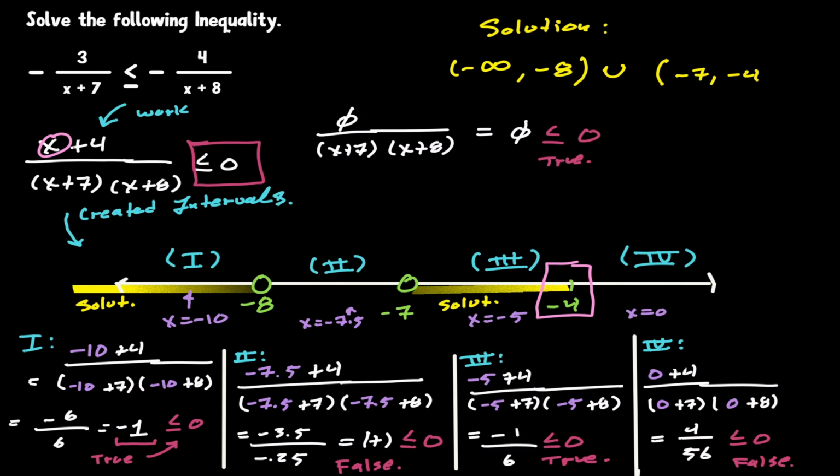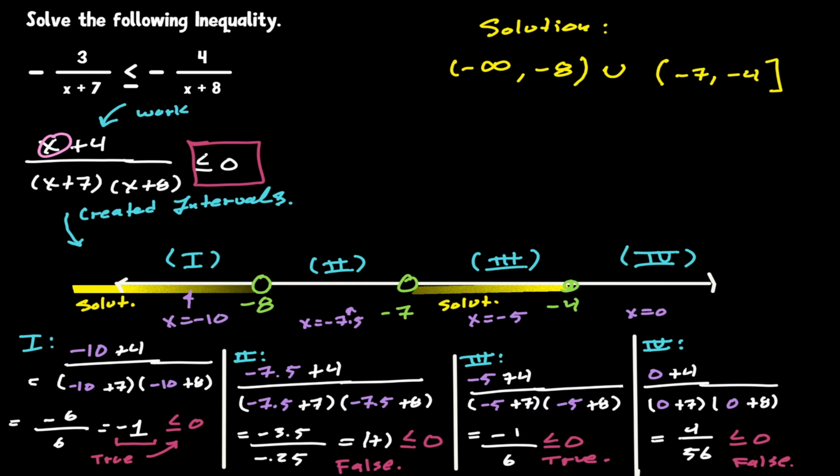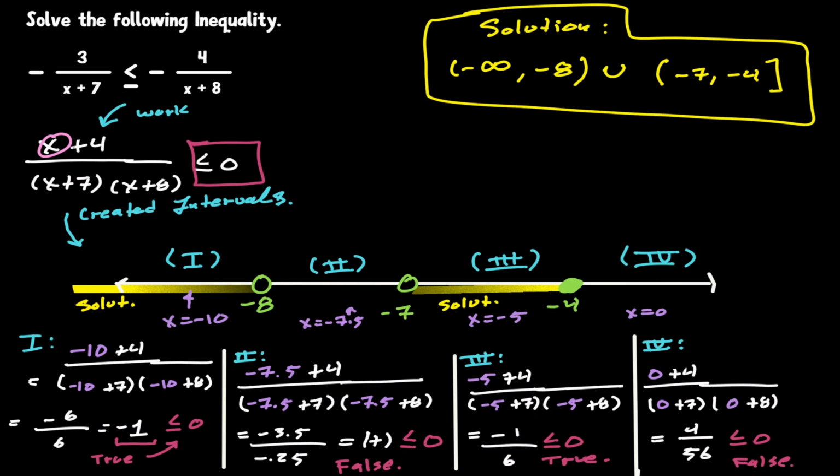We should include it in our solution. So we need to represent that using a square bracket. And in terms of the number line, we can represent that with a filled circle. So we are done. Choose any value that is in my first and third interval, and that is going to be considered a solution of the rational inequality that we were given.